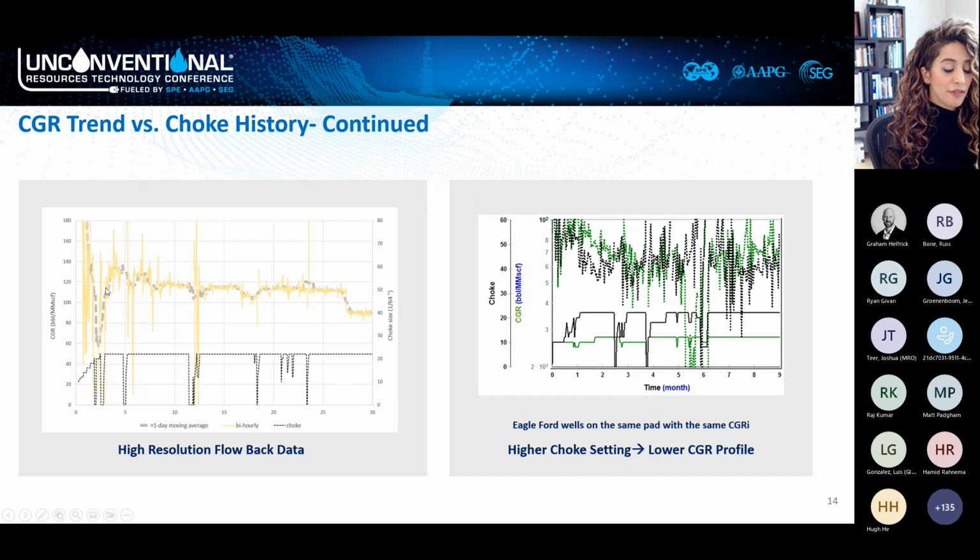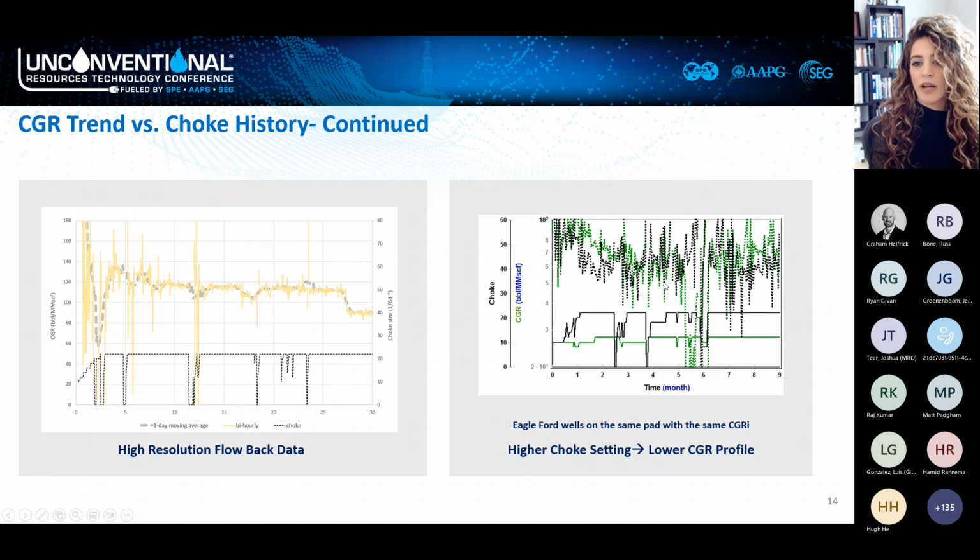Mind you that the first few days of production are affected by cleanup, as all of you know, and it would not be a good time to have a quantitative look into the data. However, qualitatively, we can observe that even with very high frequency data during flowback, we can observe the same trend of CGR declining with ramping up of the choke.